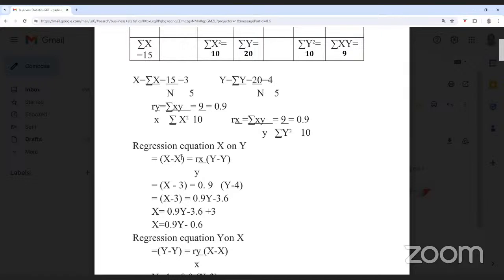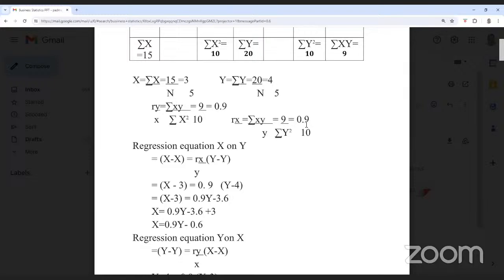X minus x mean is equal to rx divided by y, y minus y mean. Here we don't know the x value. You know the x mean value. Here it is 3. X minus 3 is equal to rx divided by y.